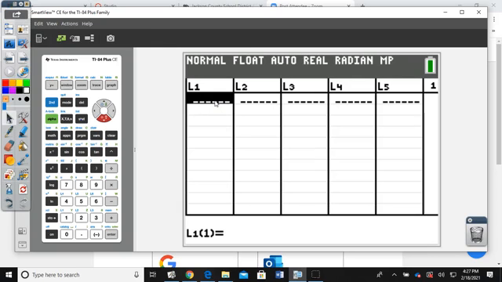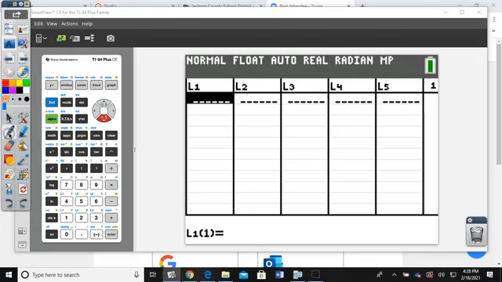You plug in how many years since 1980 those numbers are.